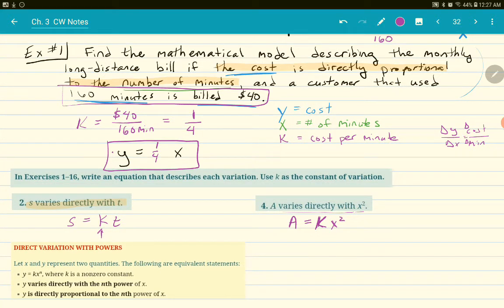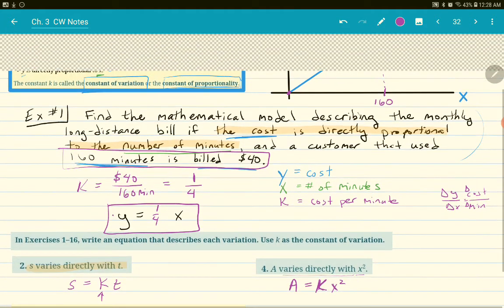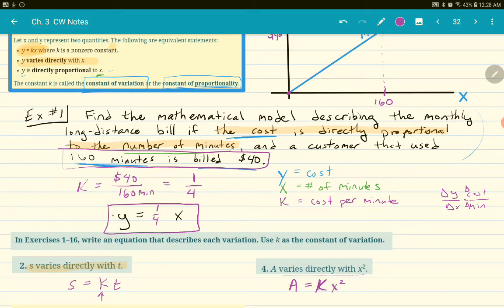For example, children's growth. As you grow older, you grow bigger. If all your body parts were growing proportionally at the same rate, directly proportional to each other, then babies would just look like mini adults. But they have a different proportion.